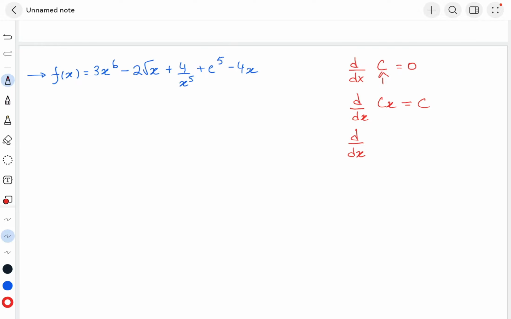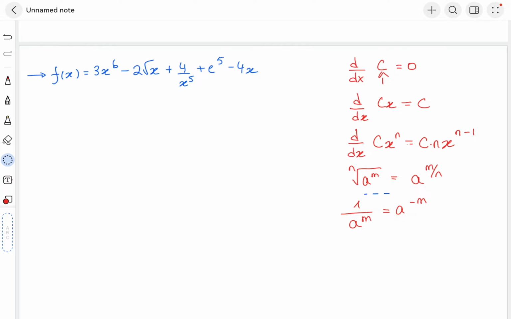Derivative of a constant times x^n will become the constant multiplied by the power, x to the n minus 1. And we said that the radical of a^m with index n will give us a to the m over n, and 1 over a^m is a to the negative m. These are all the rules that we'll be using here.